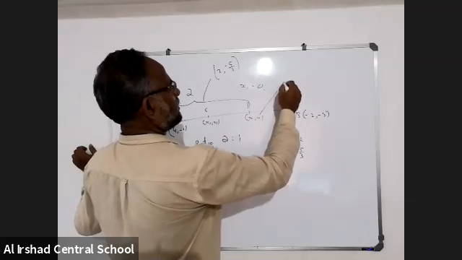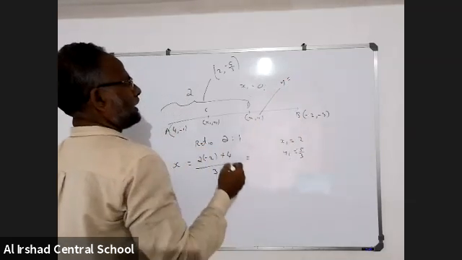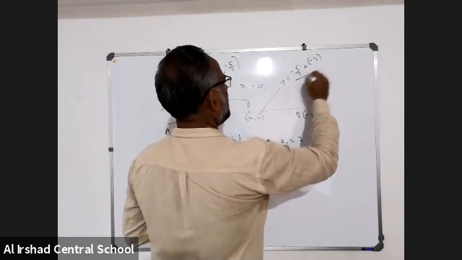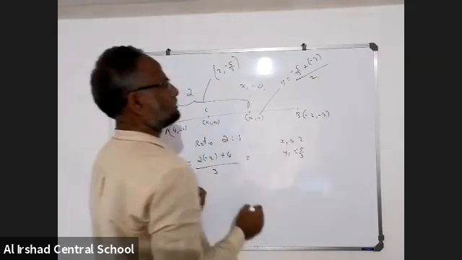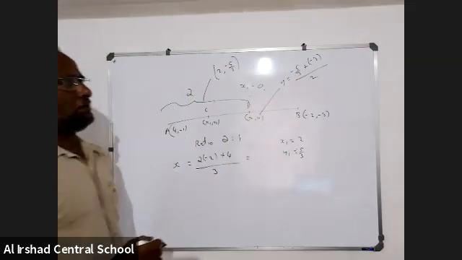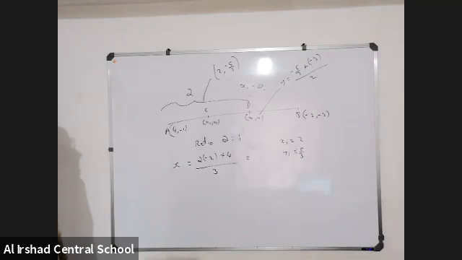Here y is equal to, again, minus 5 by 3 plus minus 3, all divided by 2. This you have to do. Denominator is 3. Minus 5 by 3 minus 3.